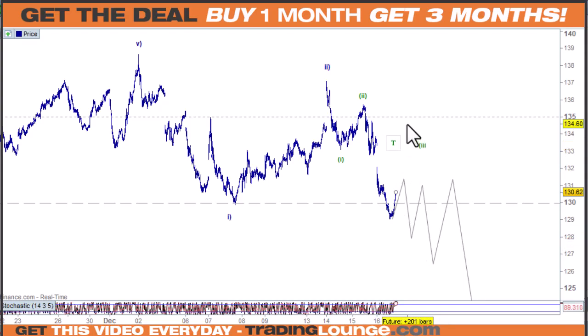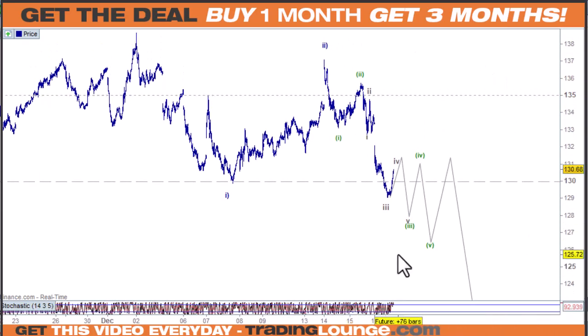I had it and then I lost it. That's where the plot went. But that's too small as well. That's too small for a third wave.